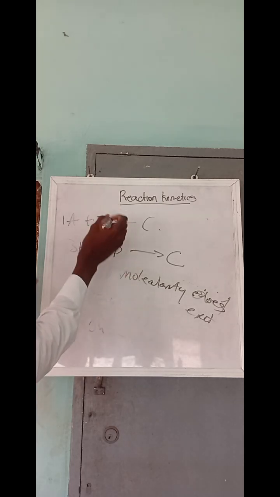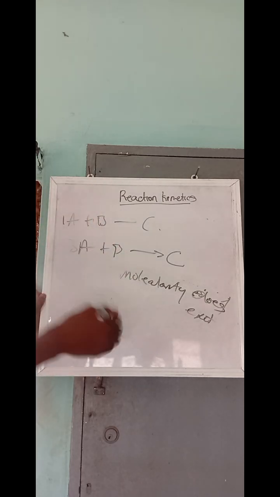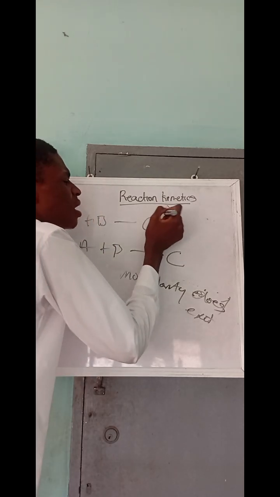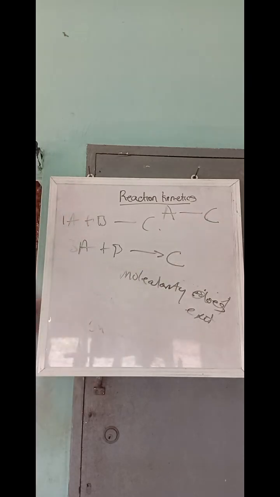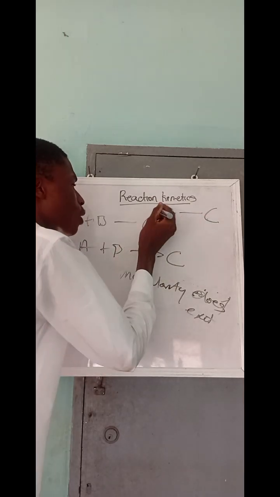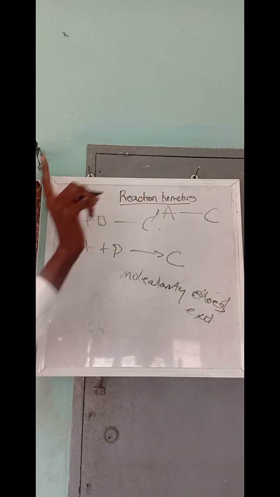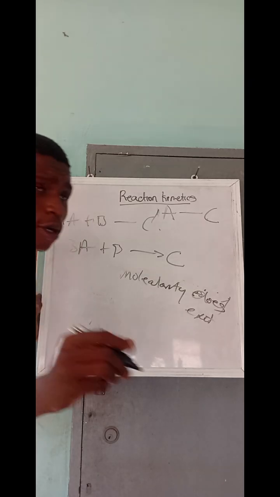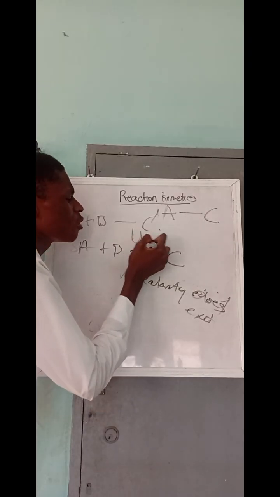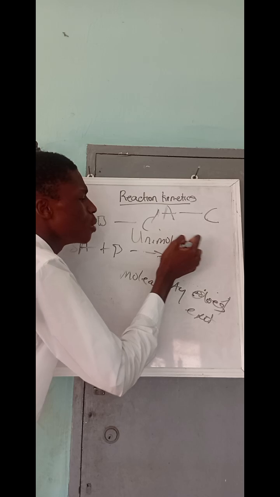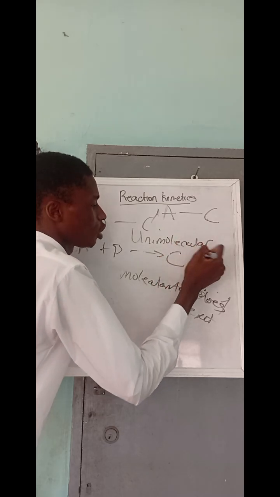And when your molecularity is equal to 1, because we can have a situation whereby my A can just transform to C, this is molecularity equal to 1 because only my reactant has a mole of 1. Then it is called a unimolecular reaction.